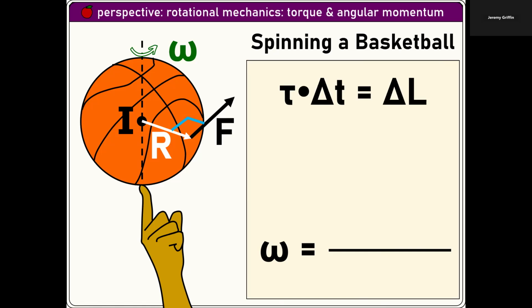Yes, that might be helpful, but you're not really expected to memorize that. For a spherical shell, I could be 2/3 of r squared. How fast is that basketball going to be spinning?